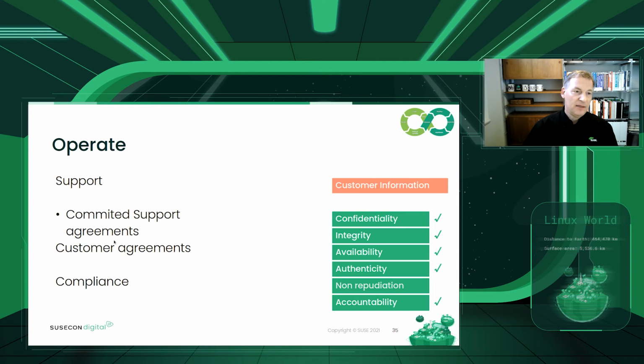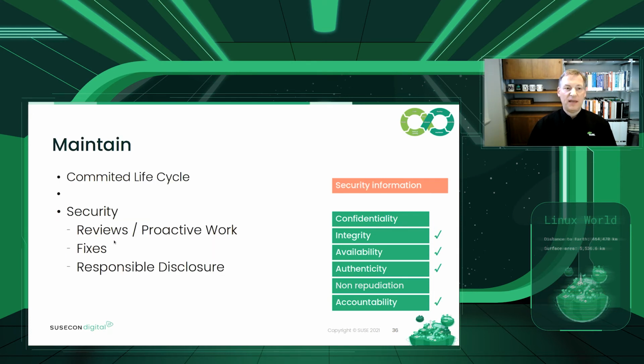And finally, we are discussing the maintenance. I said already before that an important aspect of maintaining software is a committed life cycle. This is relevant because we are talking about long times, 10, 15, 16 years of life cycle for a Linux enterprise operating system these days, in general, but also in specific use cases such as embedded or edge.